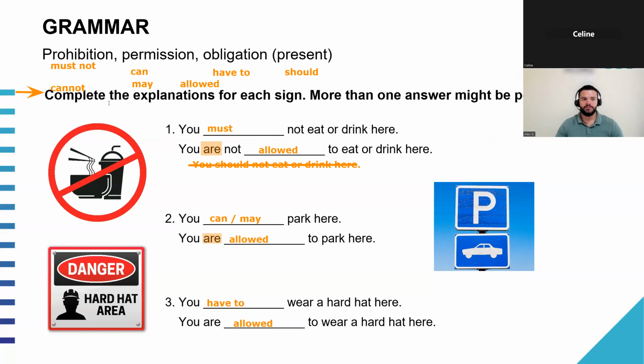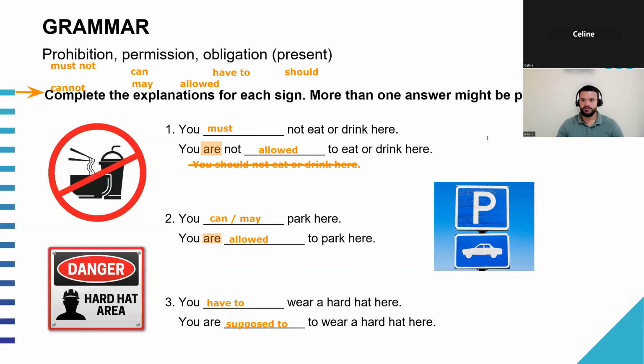All right, so remember we have different verbs for prohibition, permission, and obligation, okay? Teacher, can I use supposed to? Oh, yeah, excellent. I didn't think about that. You are supposed to.